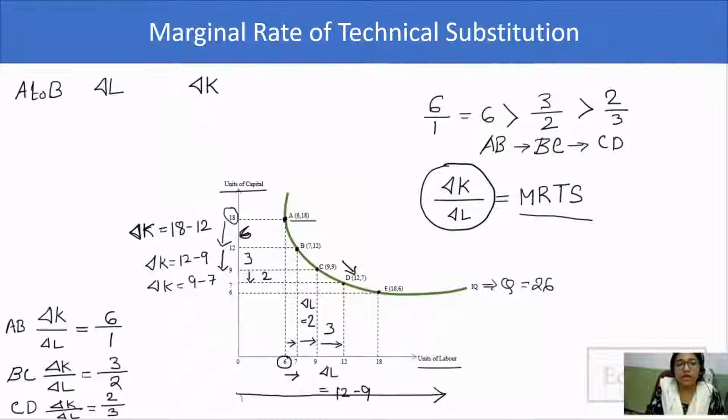Let us denote the change in labor by del L and the change in capital by del K. Now, if we increase labor by 1 unit, how much output will we get?